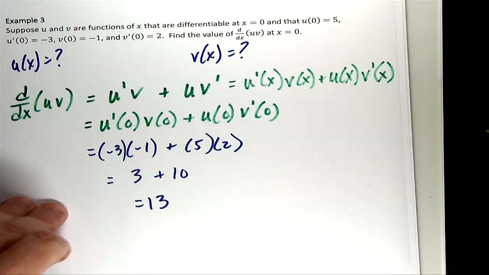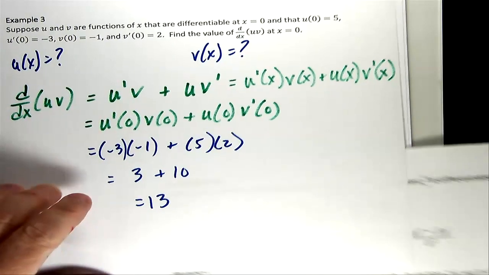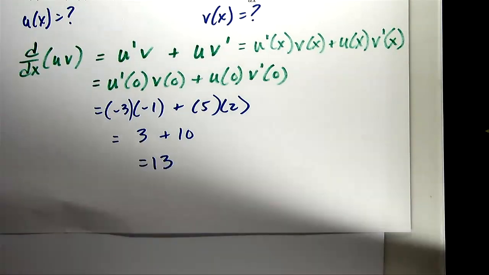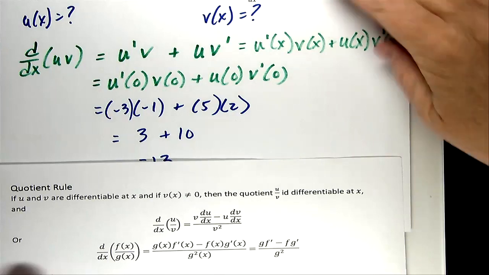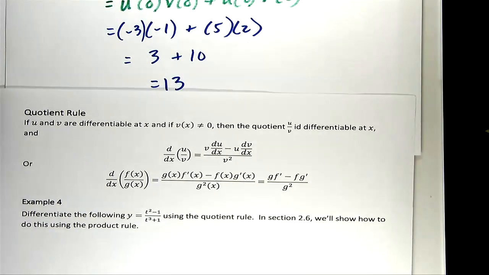The quotient rule is, so we do require v of x doesn't equal 0, because otherwise we can't have it in the denominator.